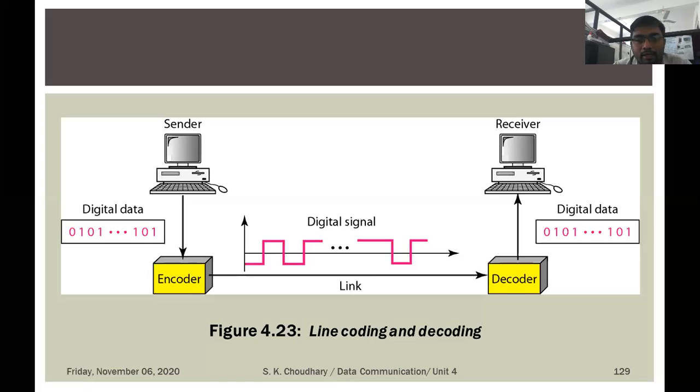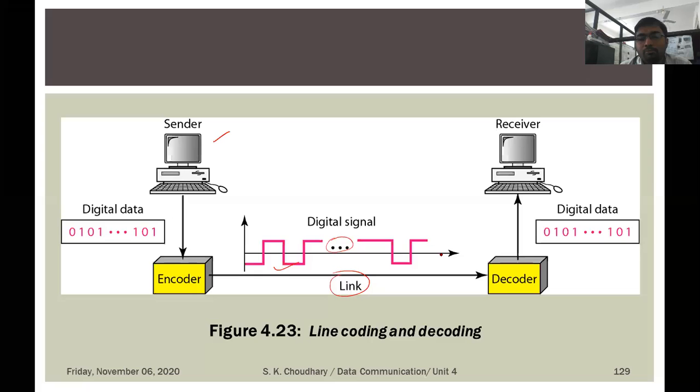So this is the diagram that elaborates the concept of line coding and decoding. You can see in this picture that on the sender side a computer is shown as the sender, and it generates the digital data in terms of binary numbers 0 and 1, and it is passed through the encoder where it is converted into digital signals. This link is just a transmission media, or you can consider it the channel, where some noise or errors could be added during the transmission.